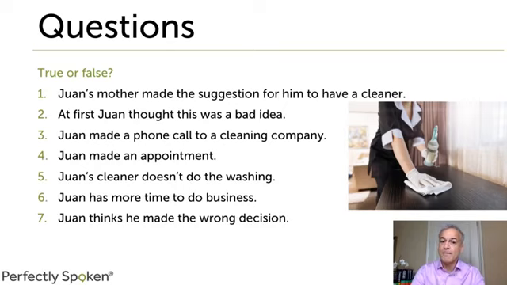Number 3, Juan made a phone call to a cleaning company. Number 4, Juan made an appointment. Number 5, Juan's cleaner doesn't do the washing. Number 6, Juan has more time to do business. And number 7, Juan thinks he made the wrong decision.